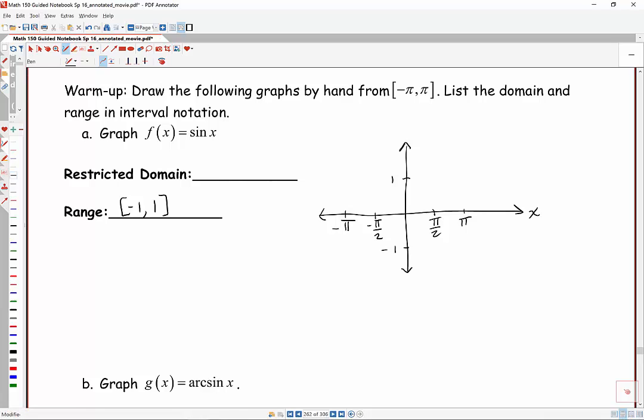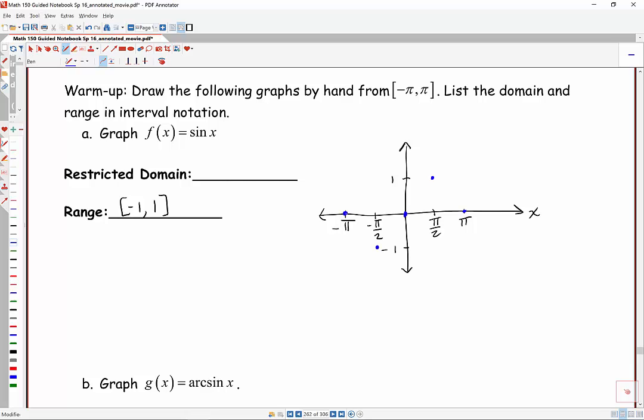So for our sine graph, if you recall, we're going to have an ordered pair at 0, 0, good. Pi over 2, 1. Pi, 0. And then negative pi, -1. So this makes this an odd function, right?